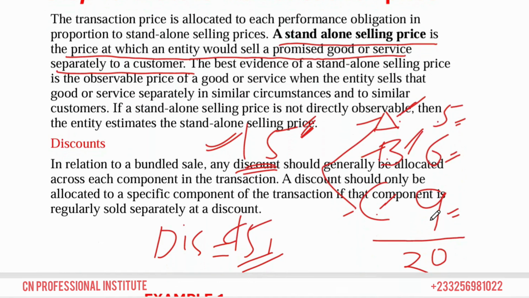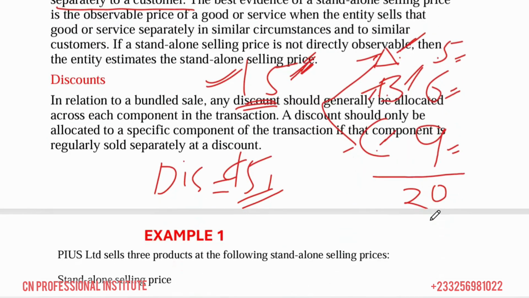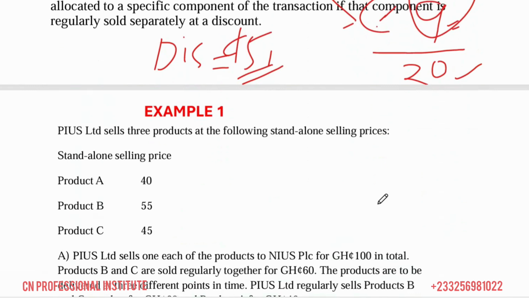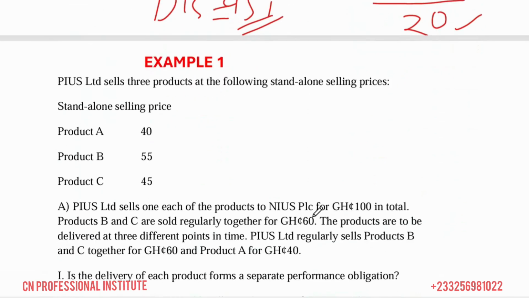And when the sum of the stand-alone selling prices is more than the transaction price, then there's a discount. So don't forget that in the question, you always have to sum your stand-alone prices, compare, and then you see if there's a discount or not.